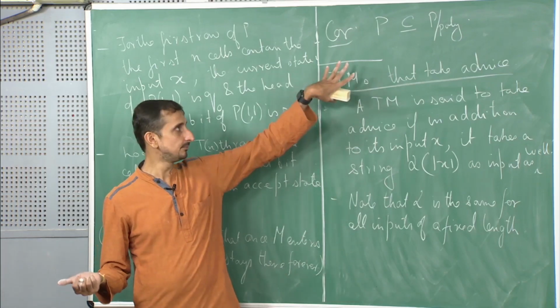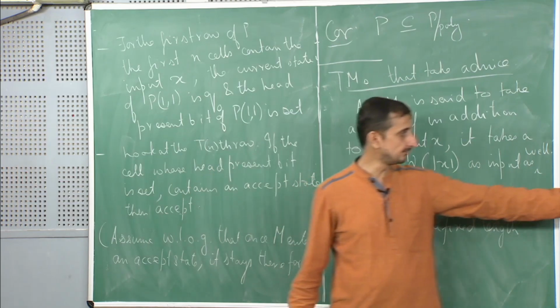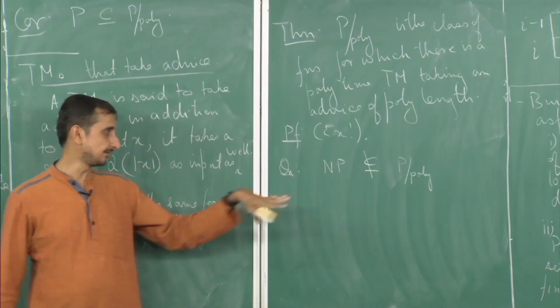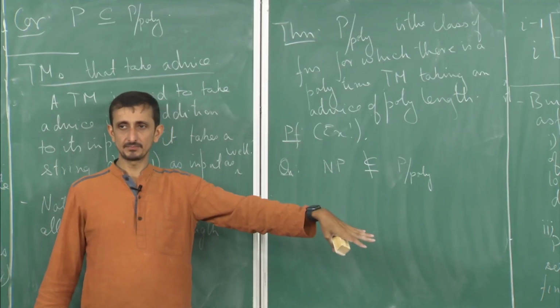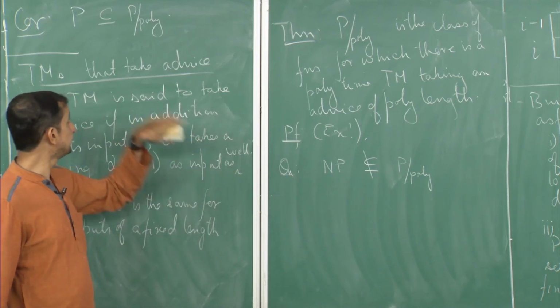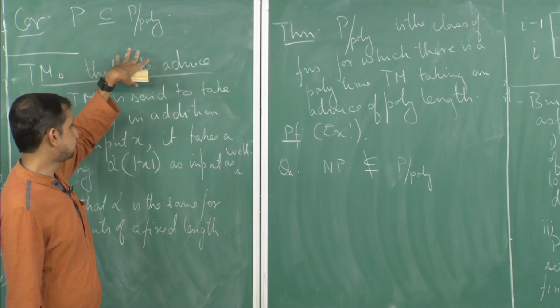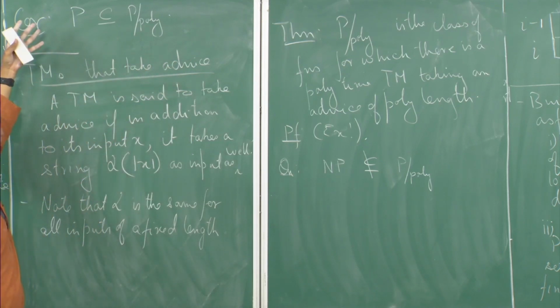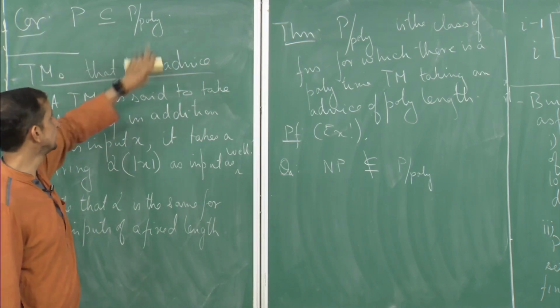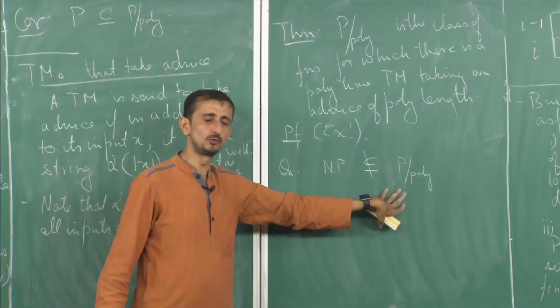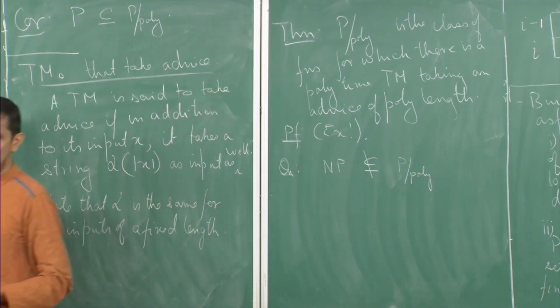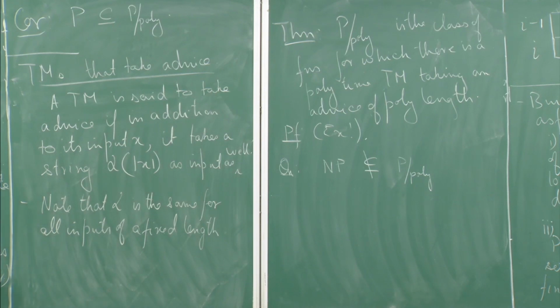We know that every problem in P has polynomial size circuit, but can we refute that for NP? Because P is a subclass of P slash poly, if we are able to prove this, it would be one way of showing that P not equal to NP.